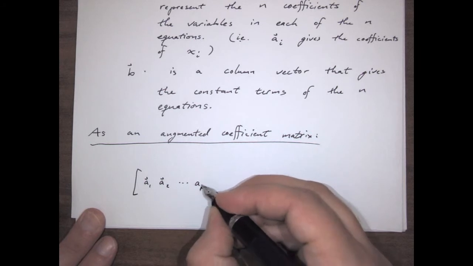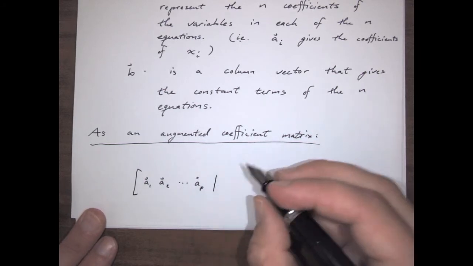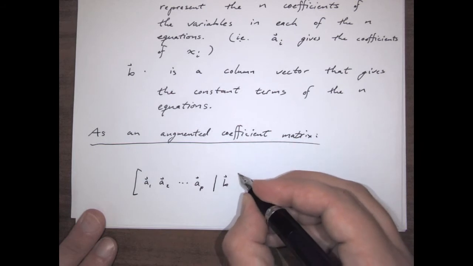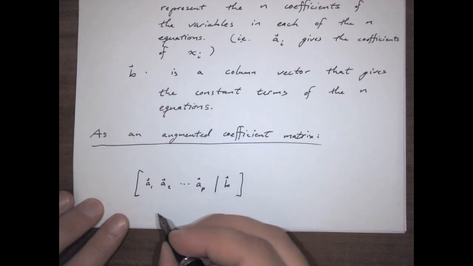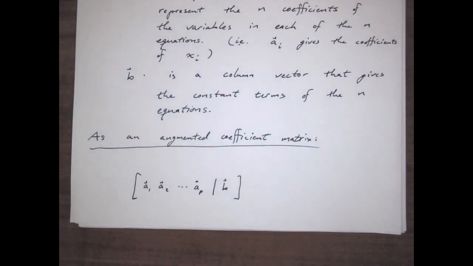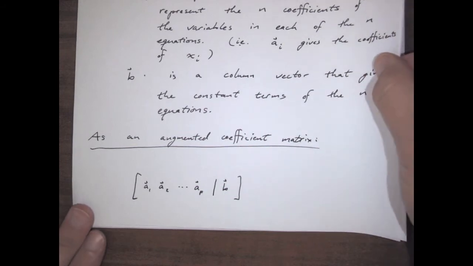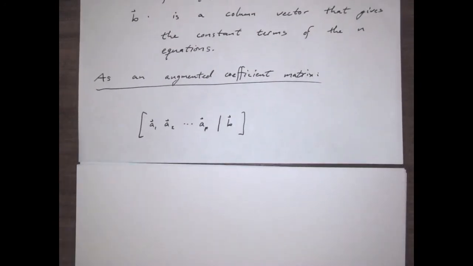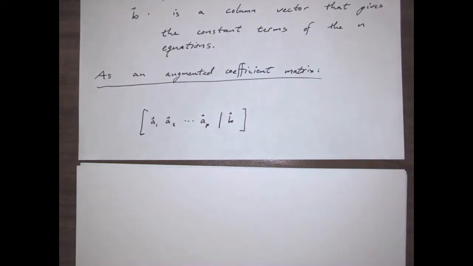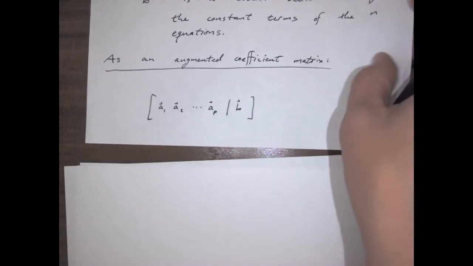And then we have the ap, and then we are augmenting it with the b. So these column vectors are the columns of the matrix. So a vector equation is actually the same thing as the system of linear equations that we were dealing with before. And similarly, we can create an augmented matrix out of them.